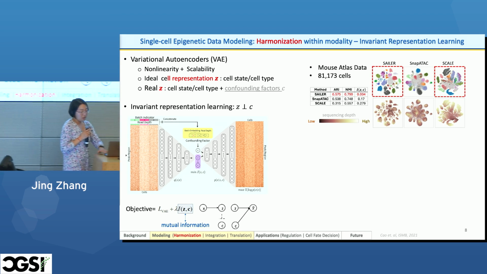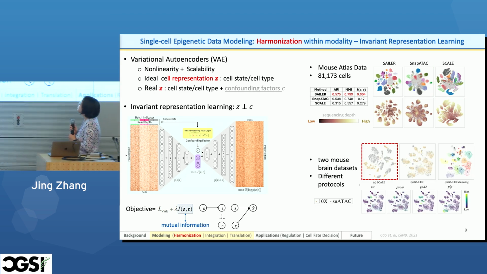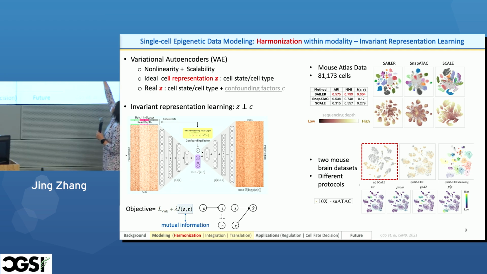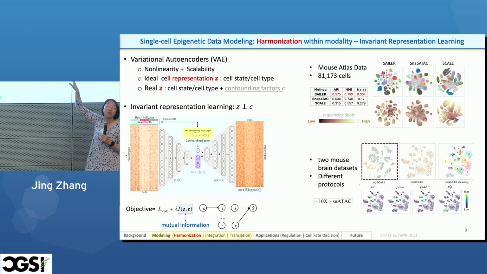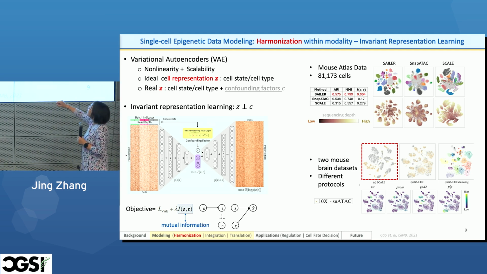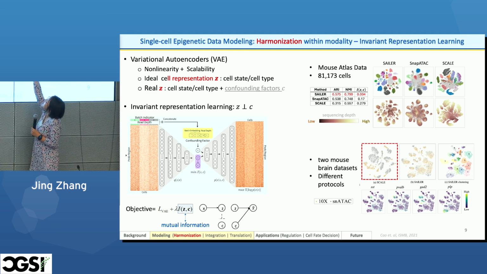And later on, we also applied this method on a challenging case with data generated by two sequencing platforms. So after harmonization, you see these two colors were distributed relatively equally within each cluster.